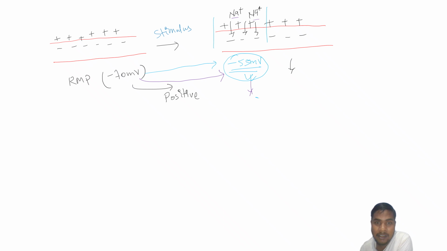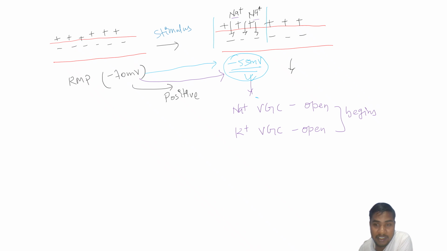At this stage, the voltage gated sodium ion channel and potassium ion channel begin opening. But if the stimulus is not strong enough, it doesn't lead the membrane potential from minus 70 to reach minus 55 millivolt.